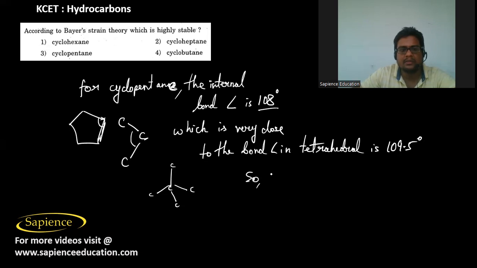So according to Baeyer strain theory, cyclopentane will have the least angle strain.